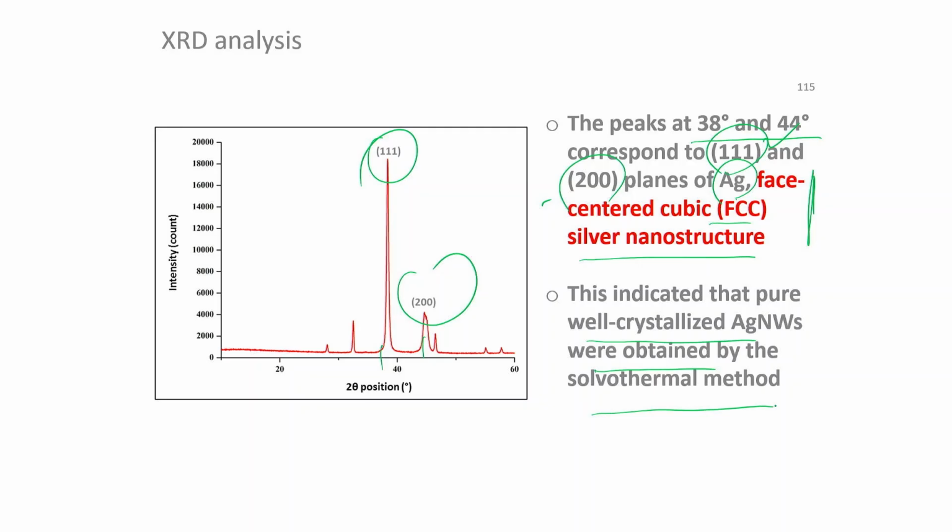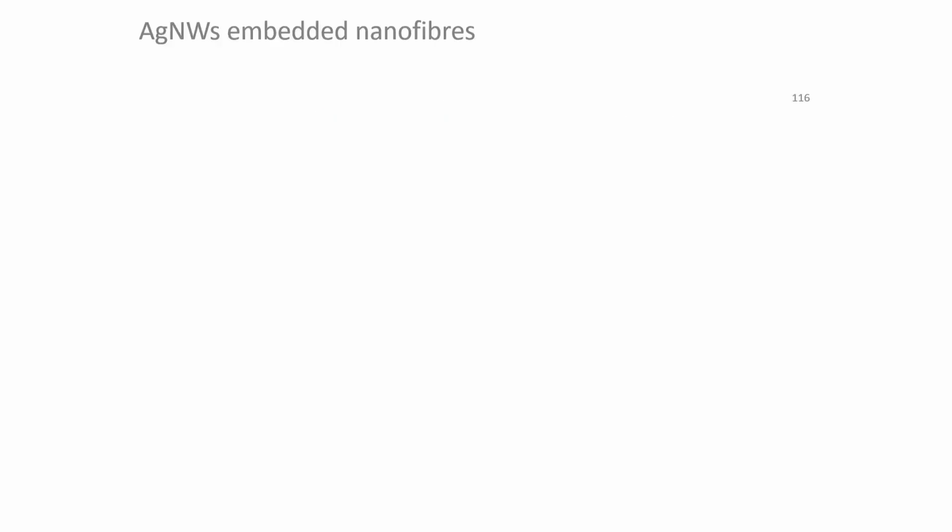So, in this method, through XRD analysis we could confirm that the nanowire developed was basically pure silver nanowire, and this nanowire we used further for our experimentation, where we have embedded silver nanowire within the nanofibers.